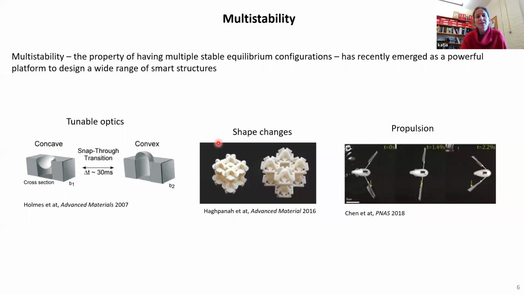Here you can see three examples. For example, bistability has been proposed to realize tunable lenses, structures capable of changing shape, and also small robots capable of swimming. These three examples come from different groups, from Chiara Daraio, and from Doug Holmes at BU. But my group has also been thinking along these lines.